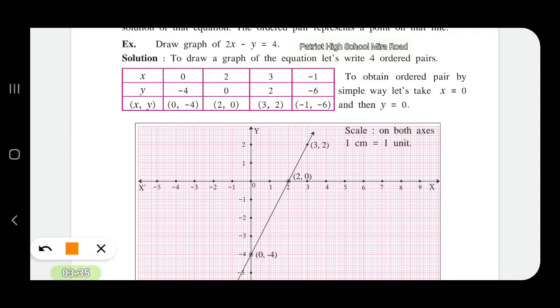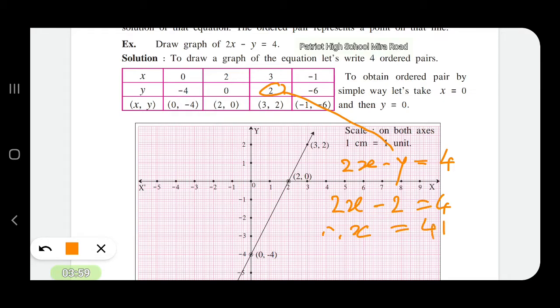Now substituting y is equal to 2. What values can we get? Let us see. 2x minus y is equal to 4. Let us assume the value of y to be 2. So it will be 2x minus 2 is equal to 4. Therefore 2x is equal to 4 plus 2, which is 6.